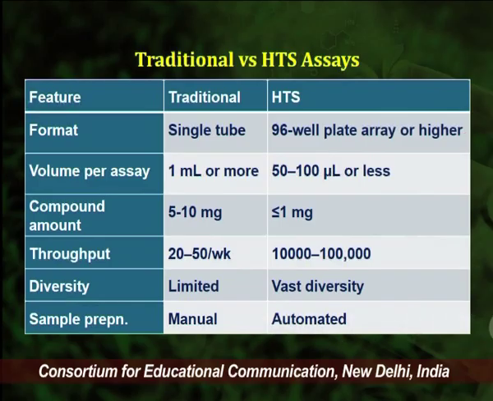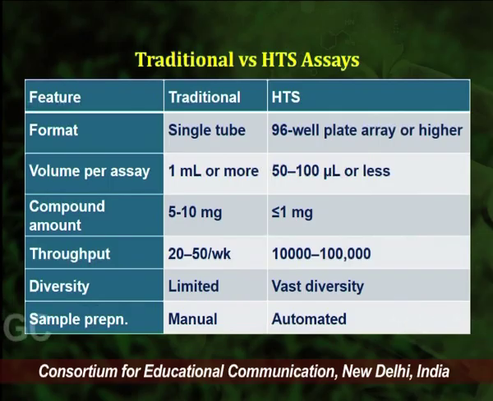This increase in plate density has significantly reduced the assay volume to 50 to 100 microliter or even less. And since in traditional assays the assay volume was higher, a larger amount of the test compound was required, in the range of 5 to 10 milligram, which was reduced to even less than 1 milligram in case of HTS.